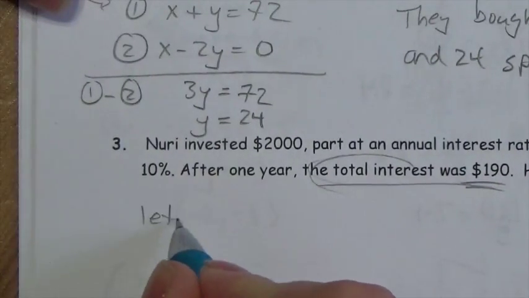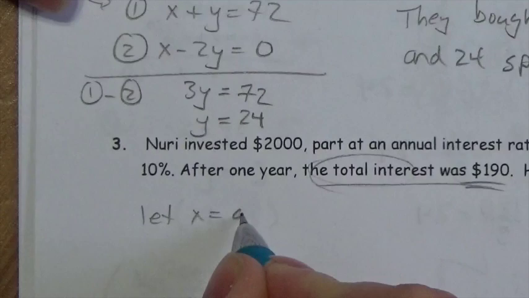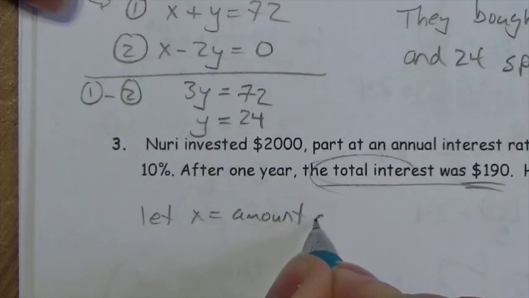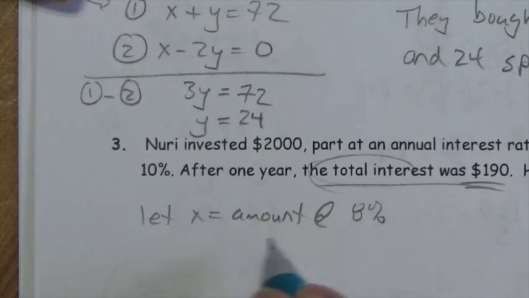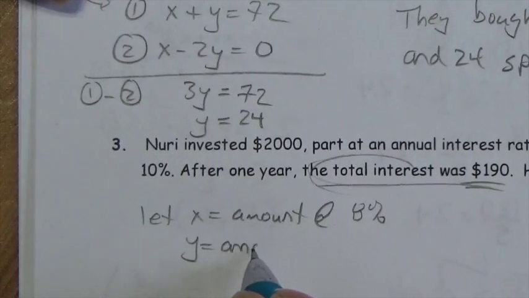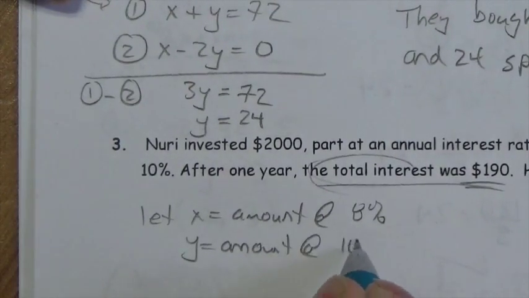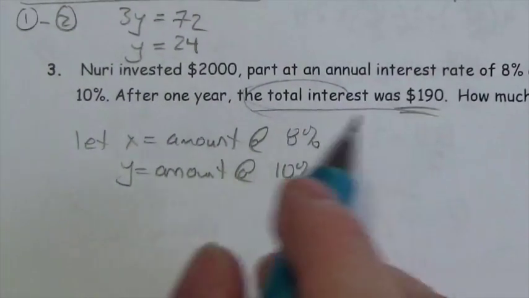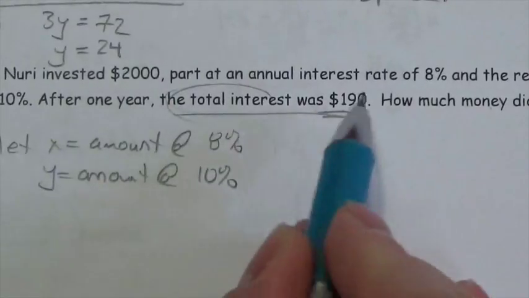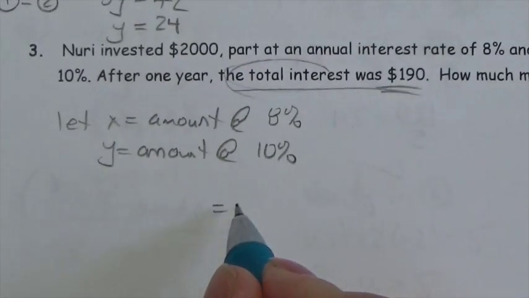So we're going to let x equal the amount at, what was it? Let's say the first one was 8%. And we'll let y equal the amount at 10%. Now, I do have a couple totals here. One is obvious. The total amount of interest was 190. So here's an equation.